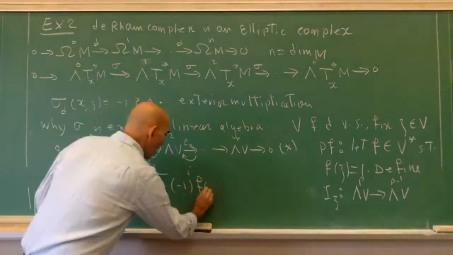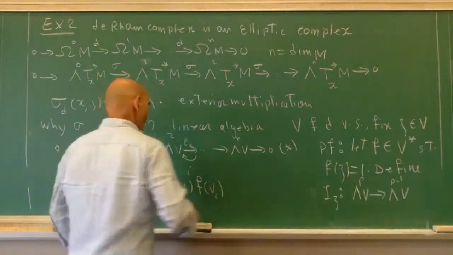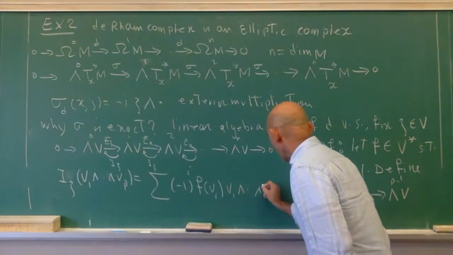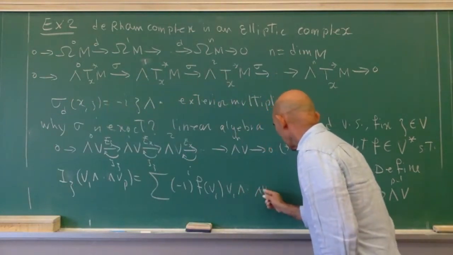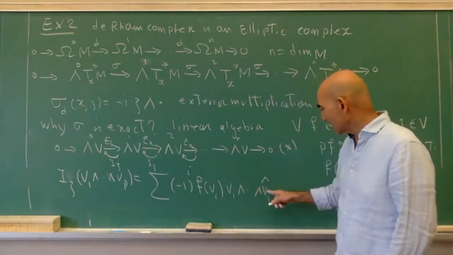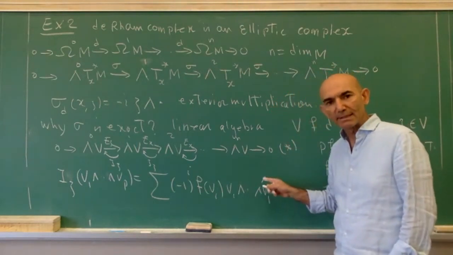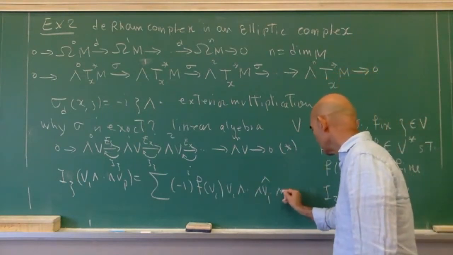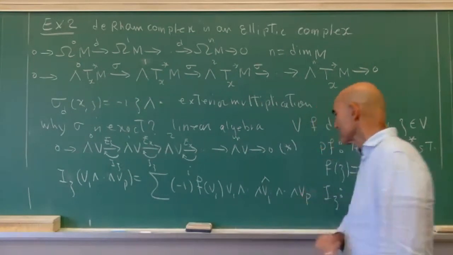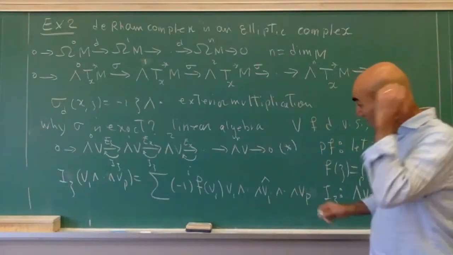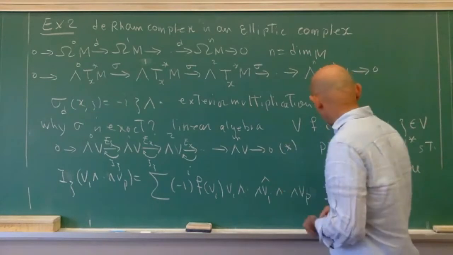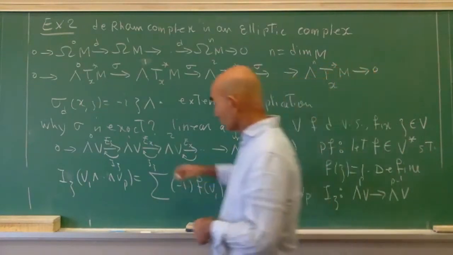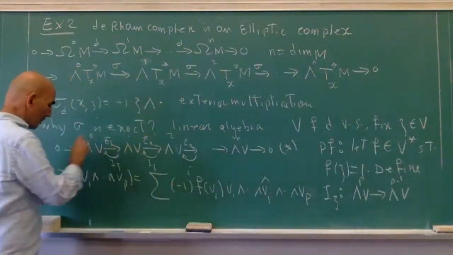So f of vi, and then I just write v1 wedge, and then we have to delete that ith entry. The standard sign of deletion is a hat. When you put a hat, typically, at least in differential geometry, it means deleting, and then we have vp. Okay. So this certainly is a well-defined operation. That's easy to see, and it decreases the degree. So it's going from the right places to the right places.